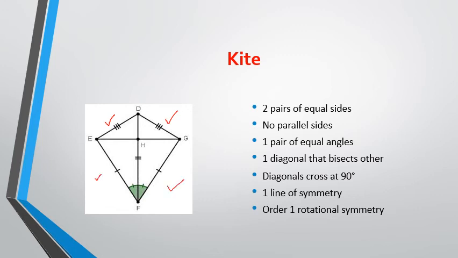There are no parallel sides, one pair of equal angles is present, and only one diagonal bisects the other one. You can see this diagonal DF is the longer one, and the shorter one is EG. EG is bisected by DF. Diagonals cross at 90 degrees is another property, and one vertical line of symmetry is present, and rotational symmetry of order 1 is present.